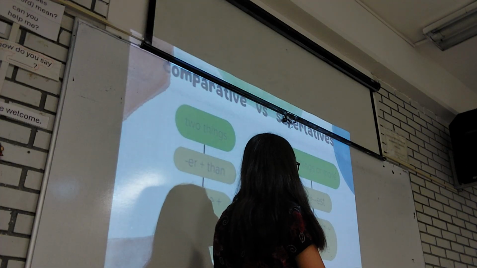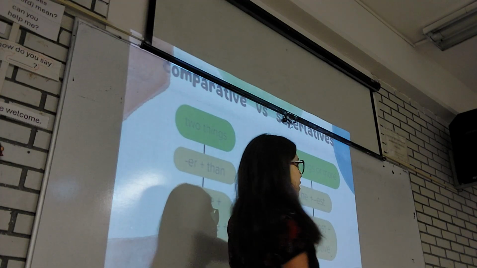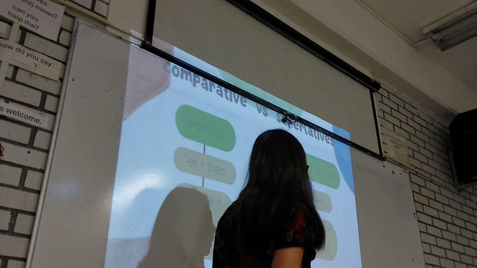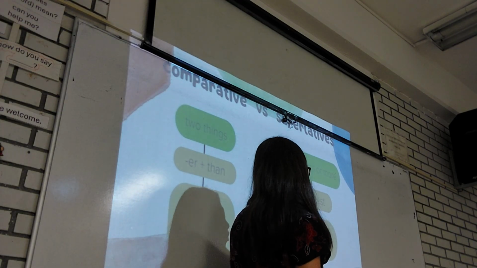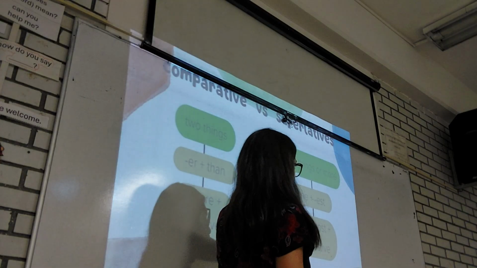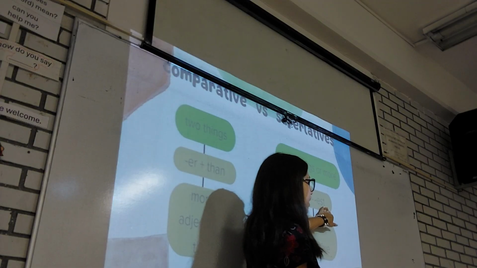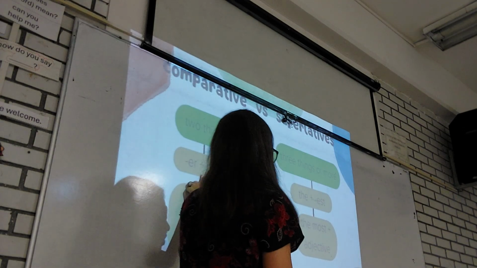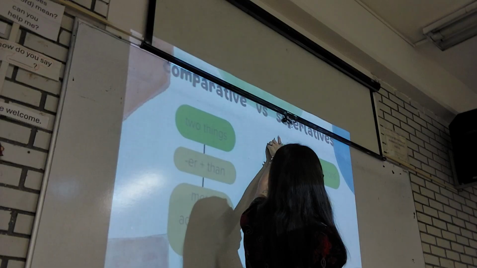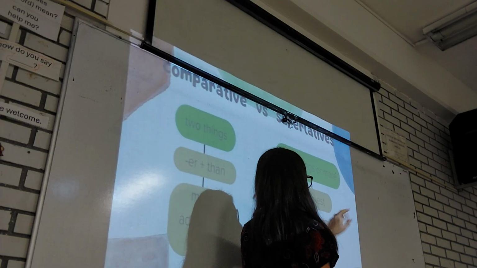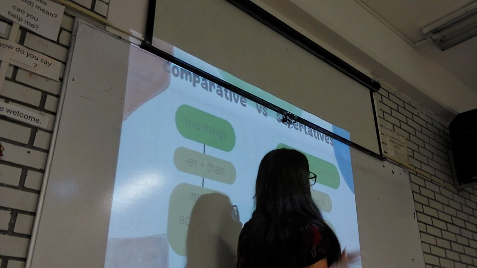They come from 3 things or more. And the form is the object, and you put st instead of er. So superlatives, 3 things, st.